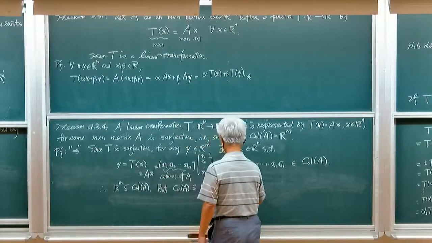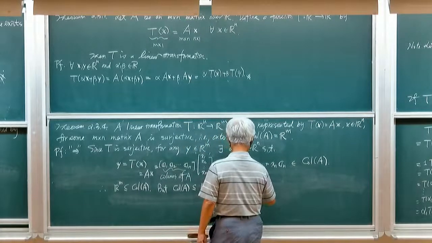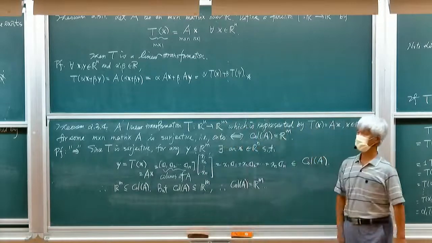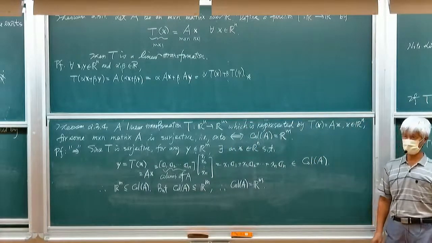So the column space of A is equal to Rm. Okay? So this is the end of the forward part.